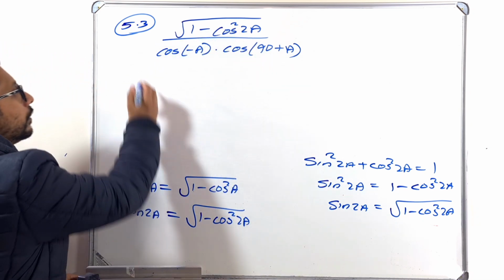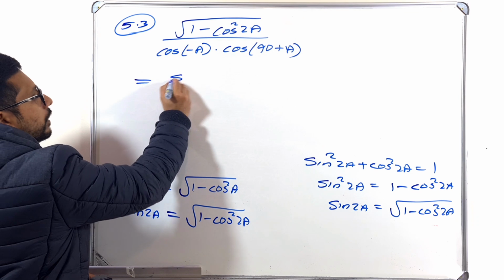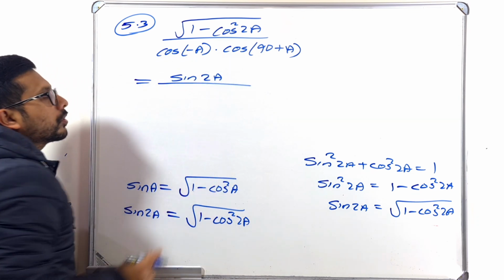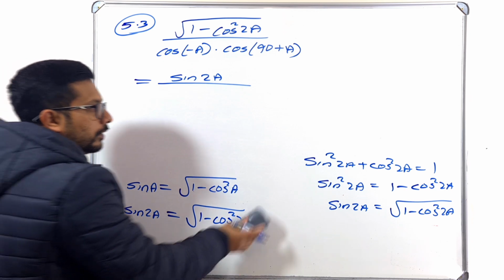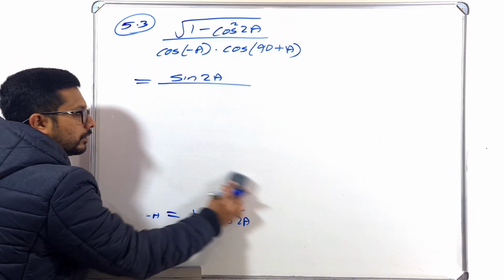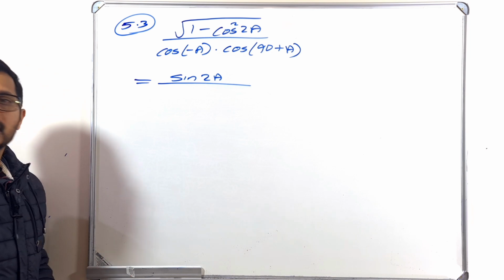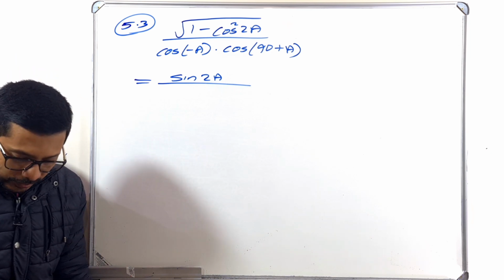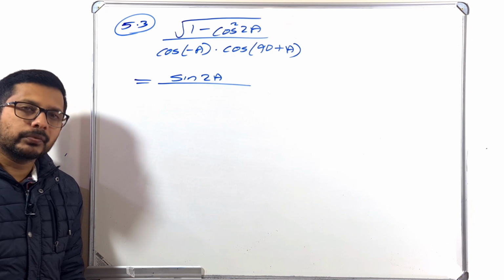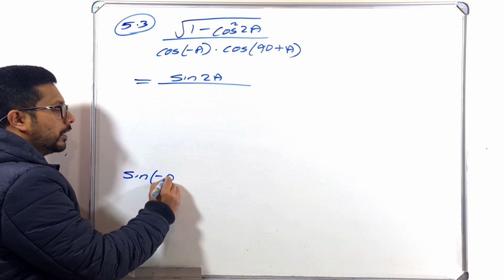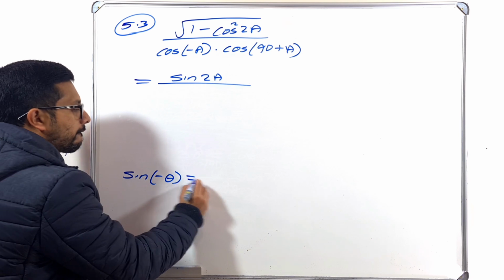Okay, so here we can write that is sine 2a divided by cos of minus theta. That you have to know. Cos of minus theta, what is that? It is not minus cos theta. It is positive cos theta. I explained many times in different past question papers. You have to remember this one. Sine of minus theta, what is the answer?